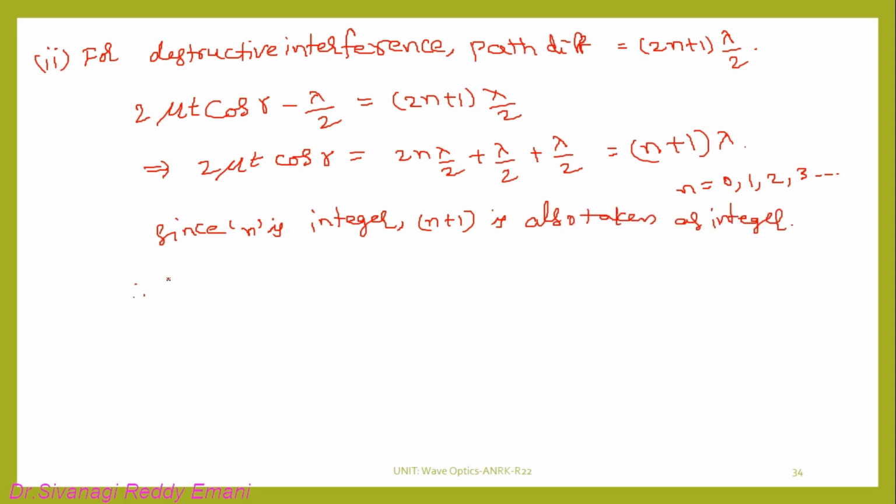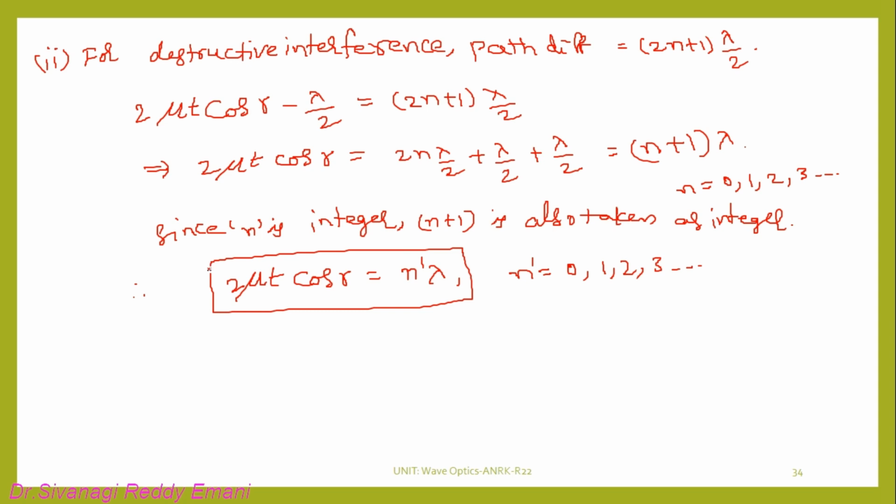Therefore, the condition for minima will be 2 mu t cos r equal to n prime lambda, where we just replaced n plus 1 with n prime. So this is the condition for minima, and the film appears dark.